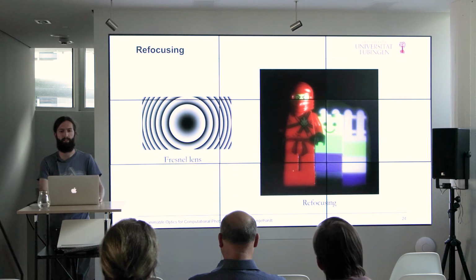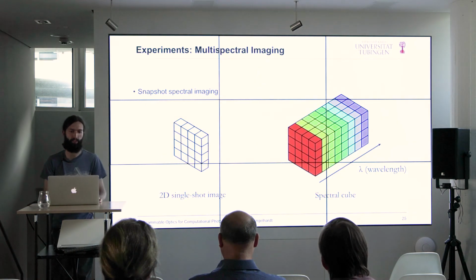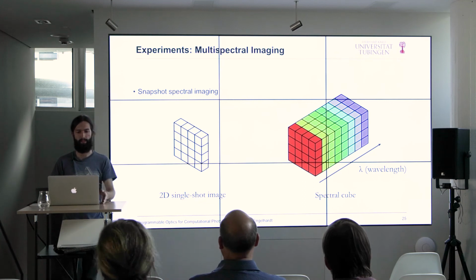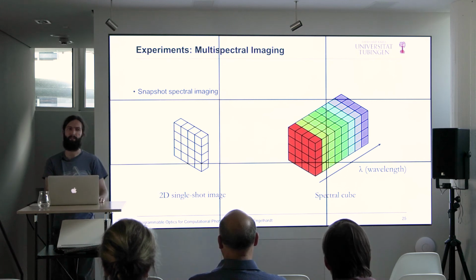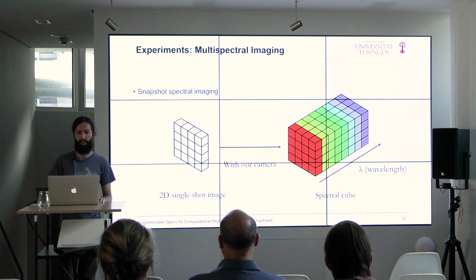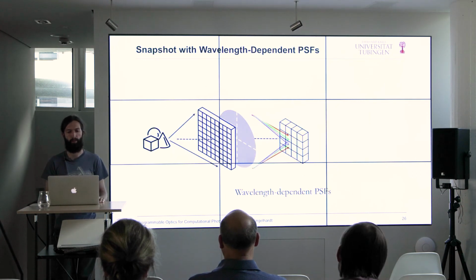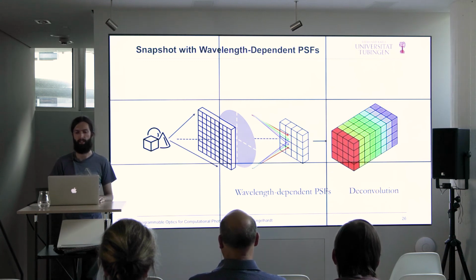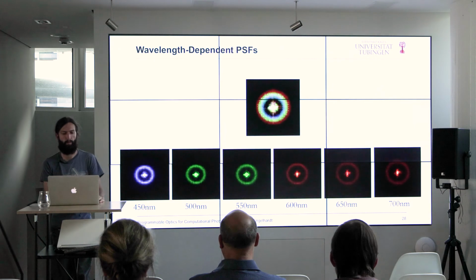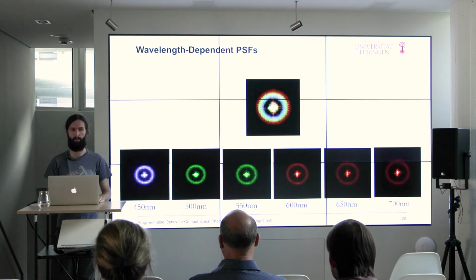Another thing that can be done, which has been done actually by Chen, is trying to get more wavelength or more color bands out of the captured images. And we can do this by exploiting the wavelength dependency of the PSF, which means that for different wavelengths, our SLM has a different refractive index, and we construct PSFs that are sensitive to wavelength.